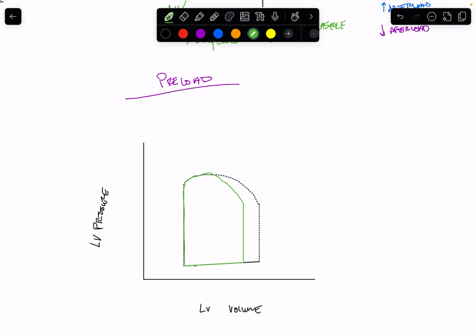So this is decreased preload, and then this is going to be increased preload.